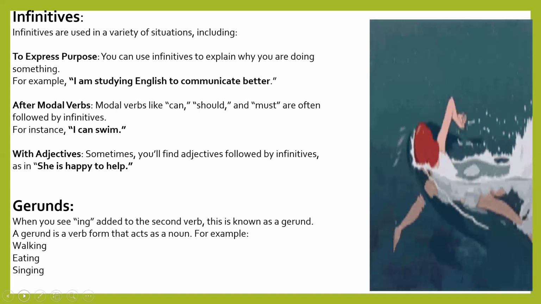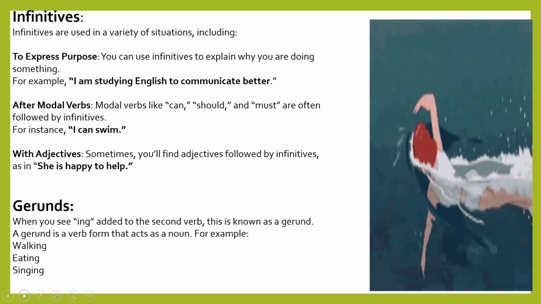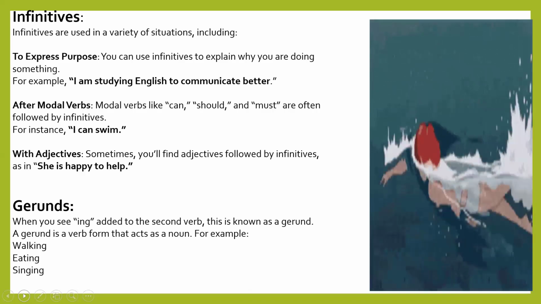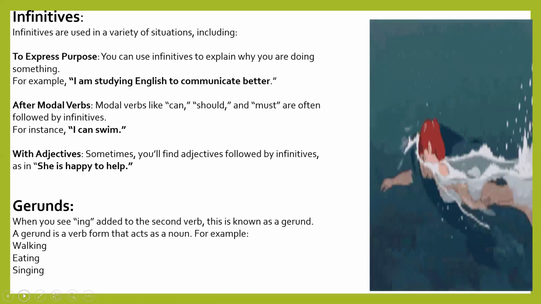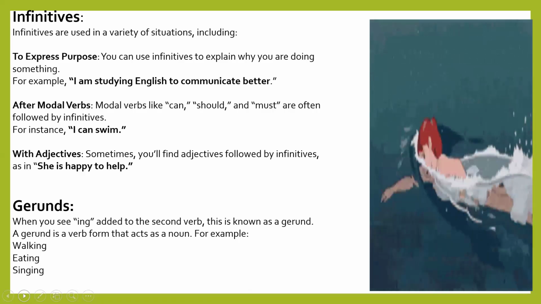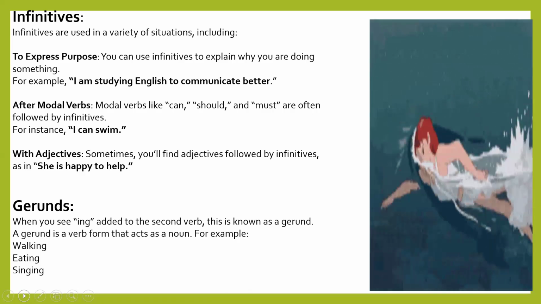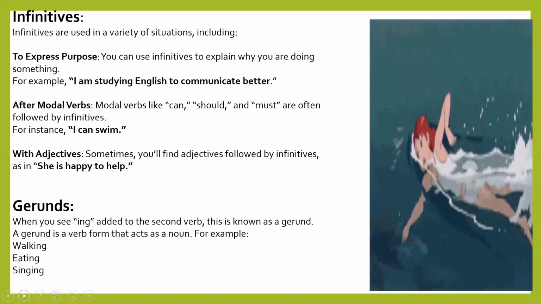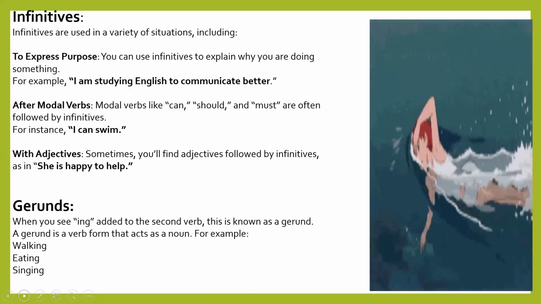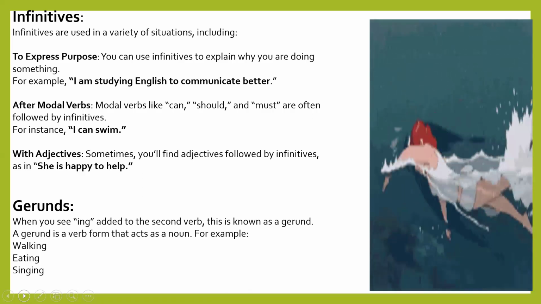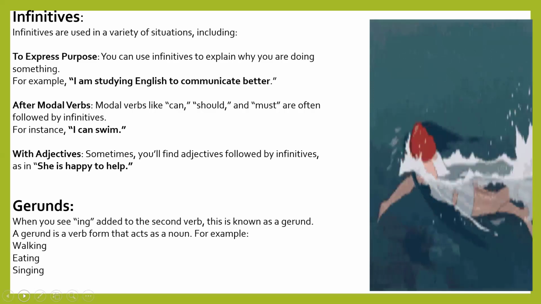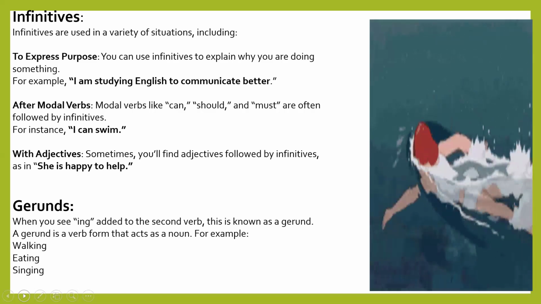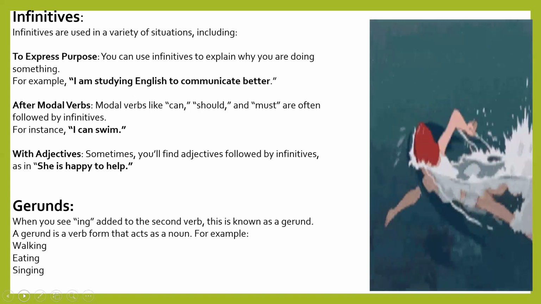In this case, can is a modal verb and swim is a bare infinitive. After the modal verb there is an infinitive, and that infinitive is a bare infinitive. It is not taking to. So when we use infinitives along with modal verbs, we do not use to, and it becomes a bare infinitive.